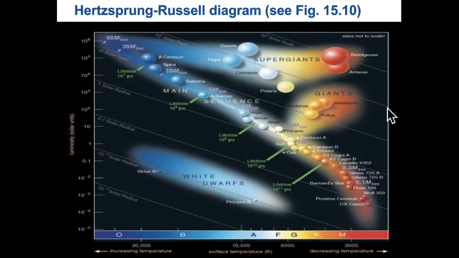So they're pretty huge. The second brightest star in the night sky is here, Canopus.